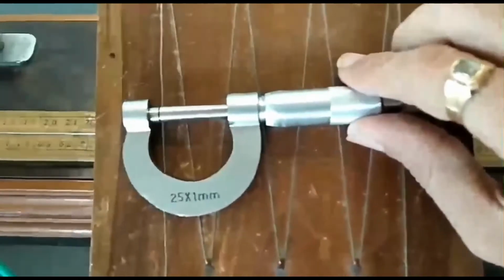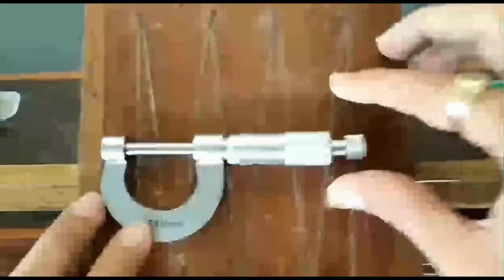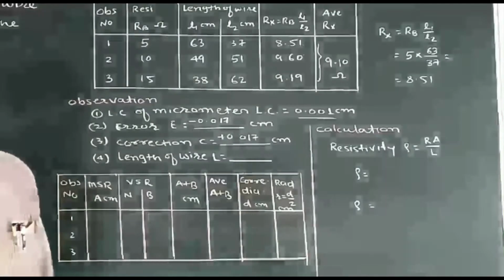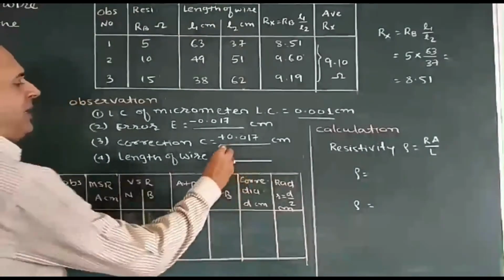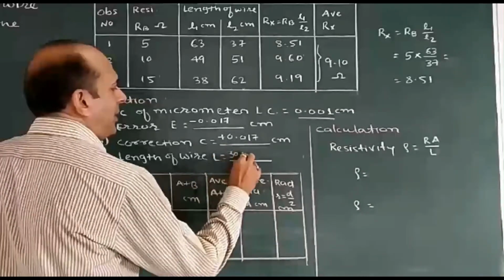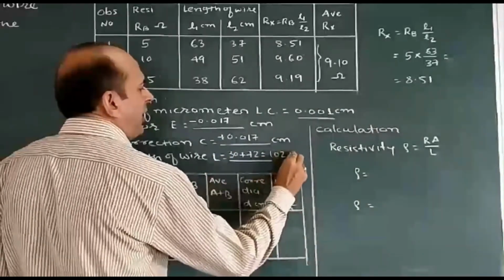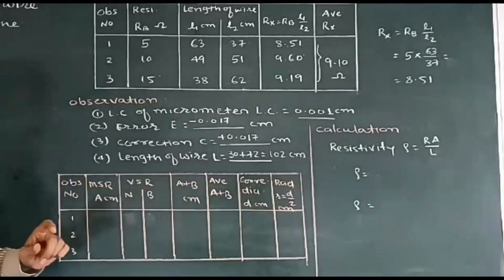Now the matching division is 3 division. Now as I measured, the length of the wire is 30 centimeter plus 72 centimeter. It is 102 centimeter length of the wire.